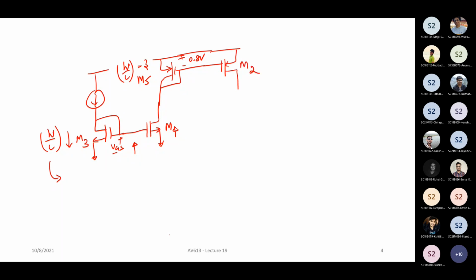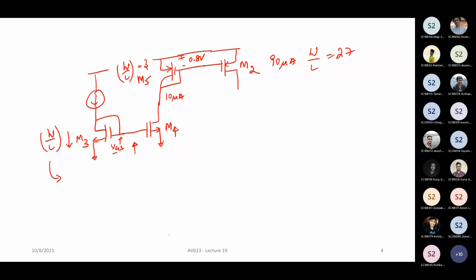Let us say this is your M2. Now this current is 10 micro, this current is 10 micro. Here you need 90 micro. So if this W by L ratio is 3, the W by L ratio of M2 will be 9 times 3, which is 27. W by L ratio will be equal to 27.